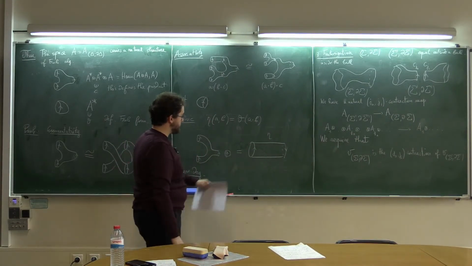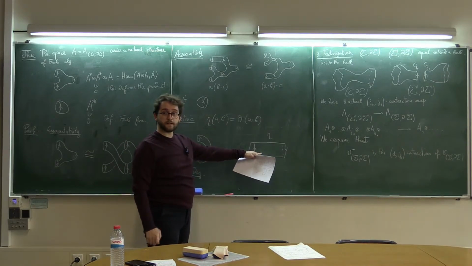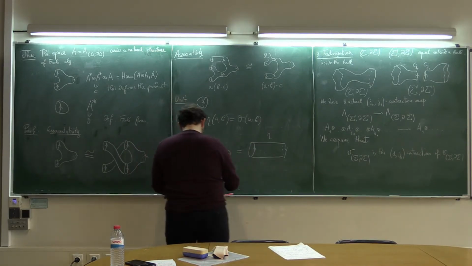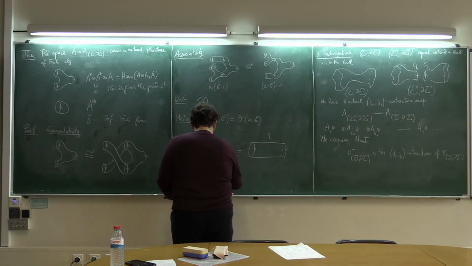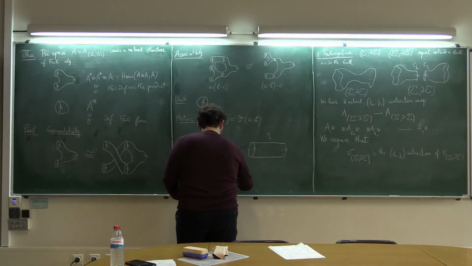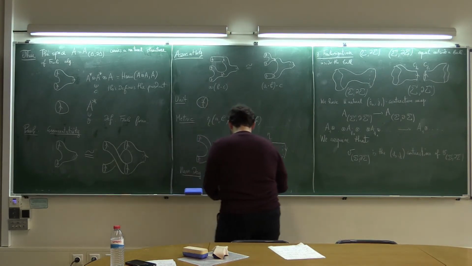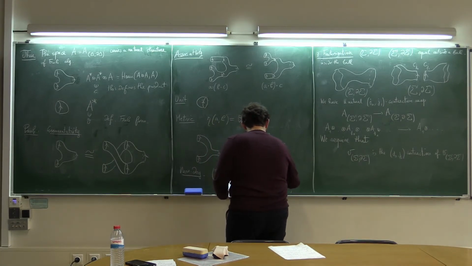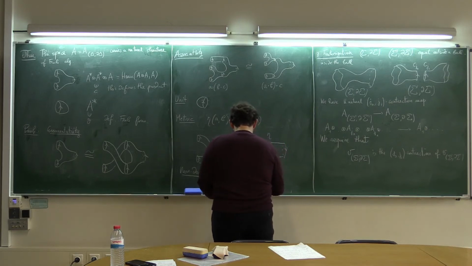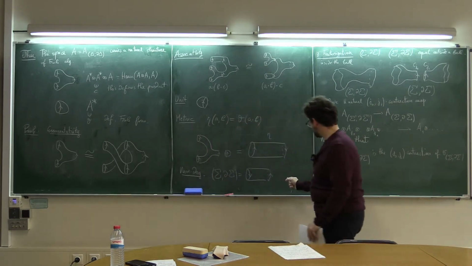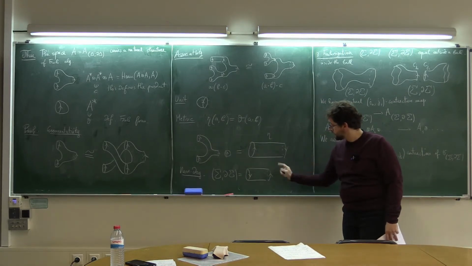Non-degenerate because I can take exactly the same cylinder, but with opposite orientations on the boundary. In particular, I can take these boundary orientations, so exactly the opposite.